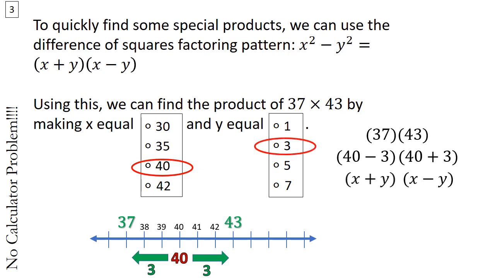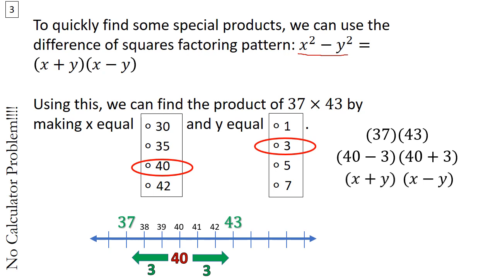To finish this problem out for you, what it's really doing is trying to get you to do the mental arithmetic here. Instead of multiplying these, x plus y times x minus y is really x squared minus y squared.